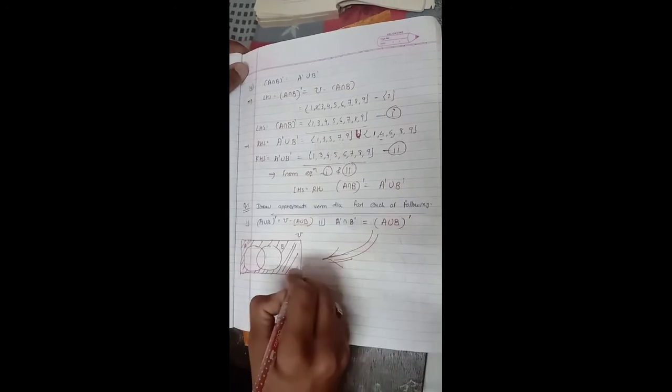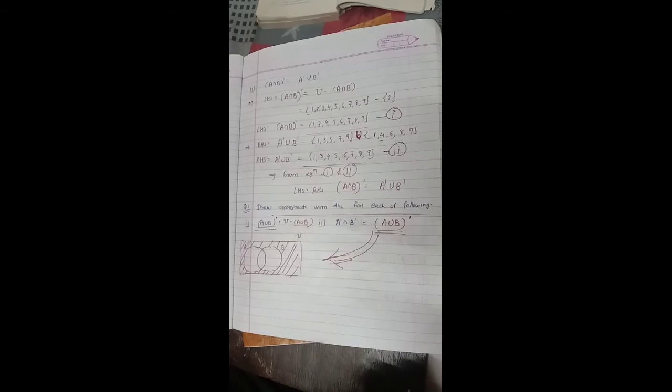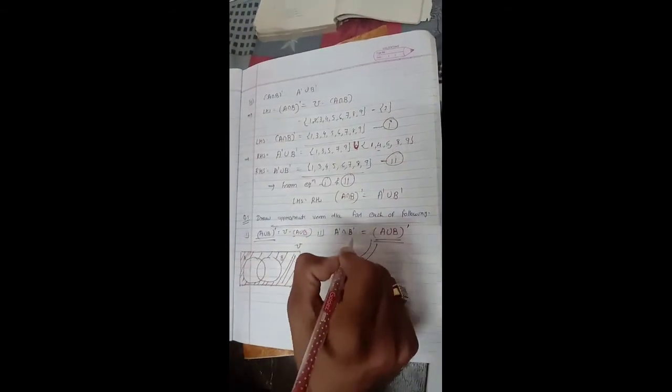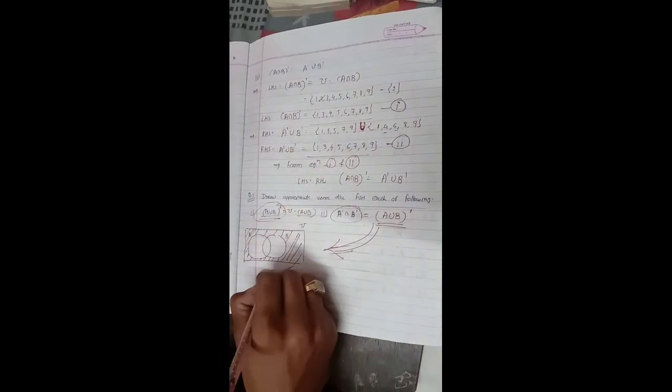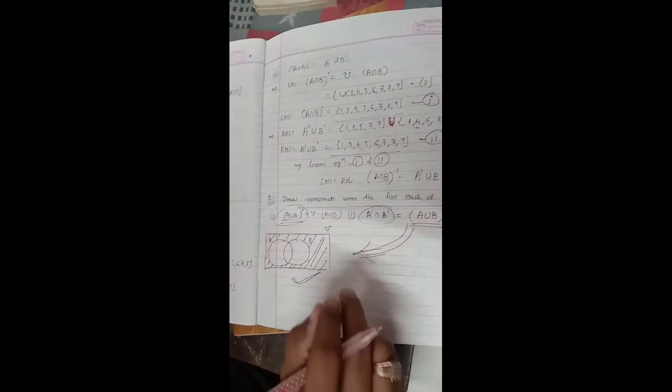It means you have to draw a similar figure like this. This one is also A union B whole dash. So for question number 1 and 2, questions are different but the answer is the same. So you have to draw the same figure in question number 2.